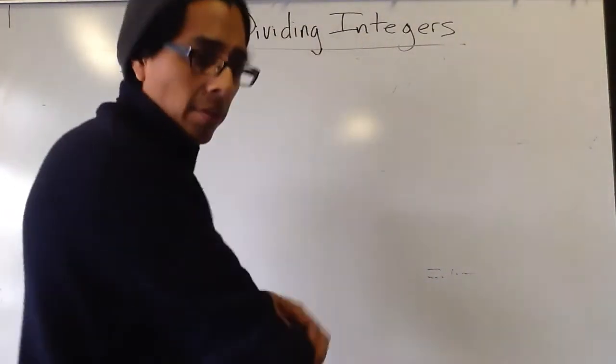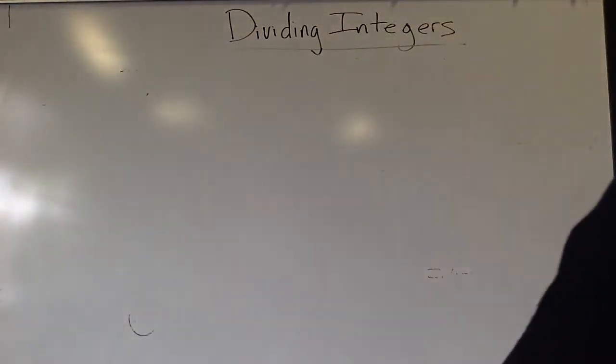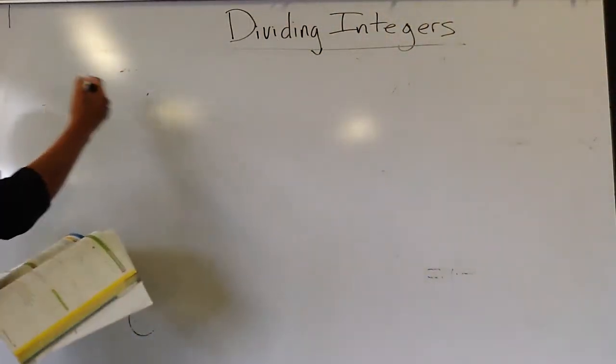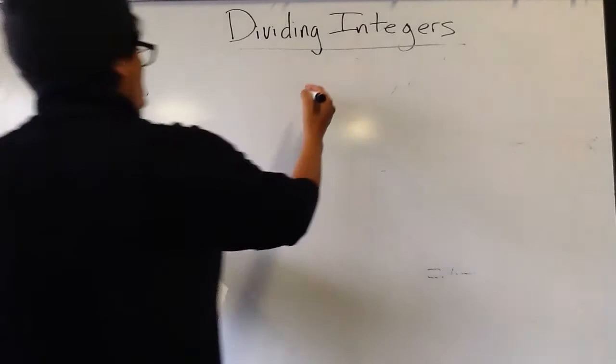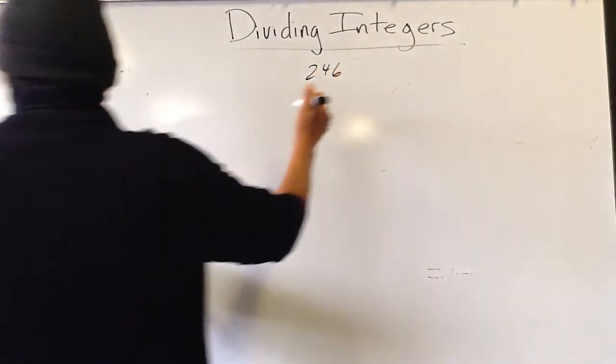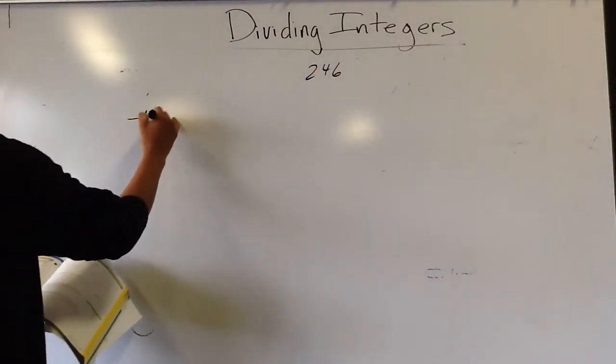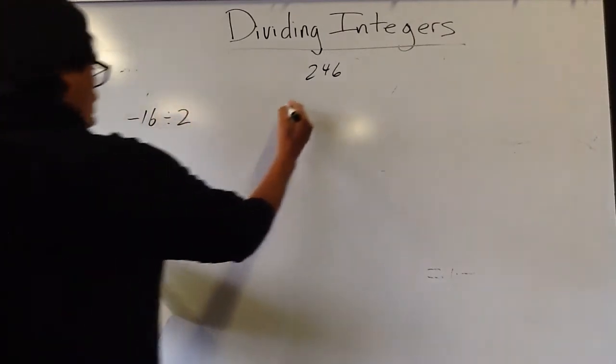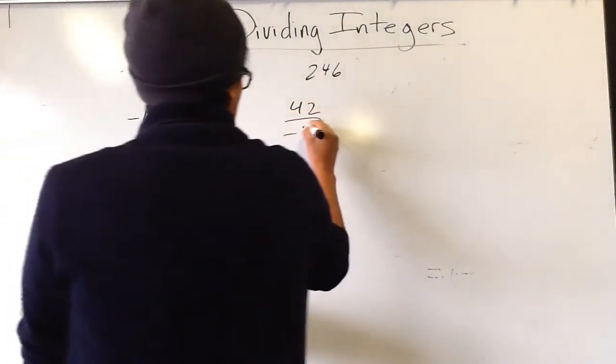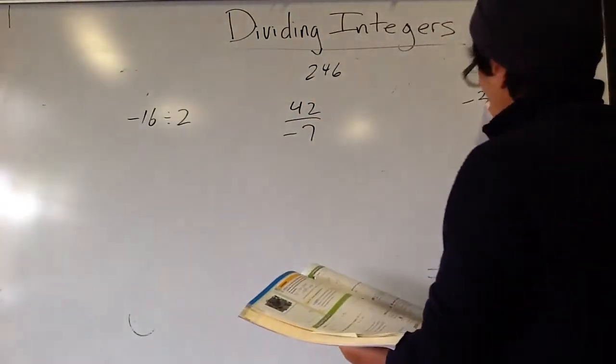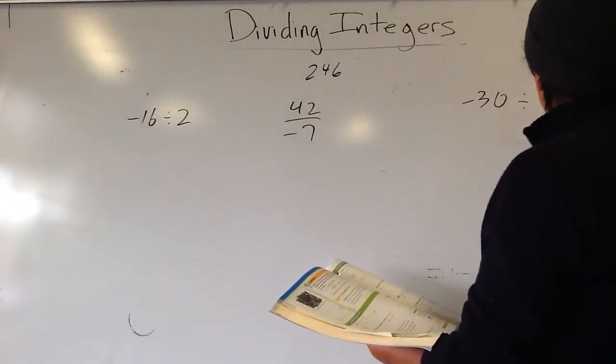So let's practice this. Let's go to page 246. And the first one is negative 16 divided by 2, 42 divided by negative 7, negative 30 divided by negative 5.